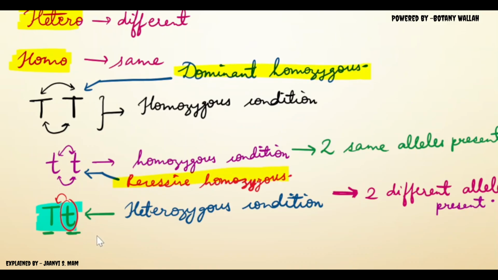And this one, capital T, small t, we say is dominant heterozygous, or heterozygous dominant.